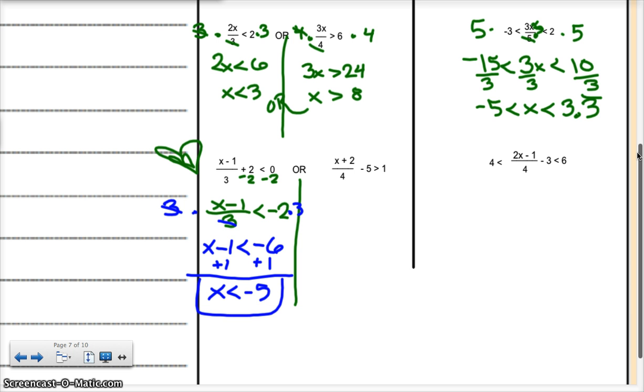Okay, the next part of my OR. This is what I mean by compounds. You kind of get gypped because you're really doing 2 problems in one here. The other part, do I multiply through by 4 right away? Yes or no? No. Why not? I have to get rid of that 5 first. Absolutely. So I'm going to add 5 to both sides of the inequality.